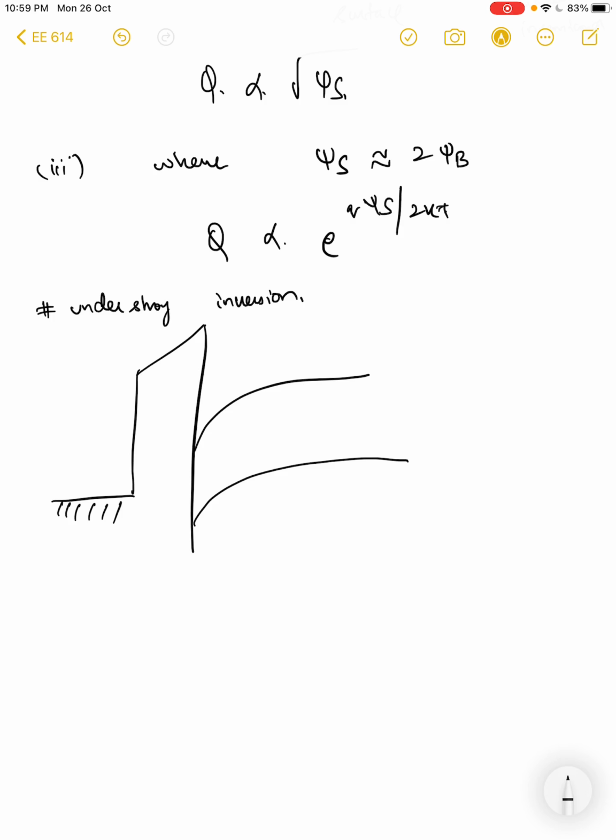I have a Fermi level here, and I have an intrinsic level, something like this, and this is psi b, and this is psi s.